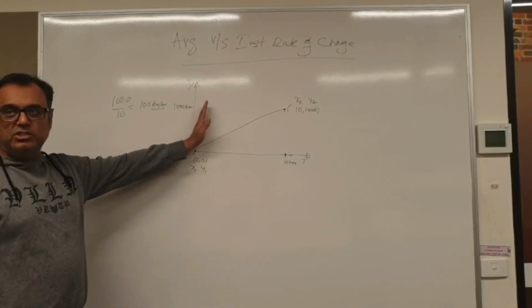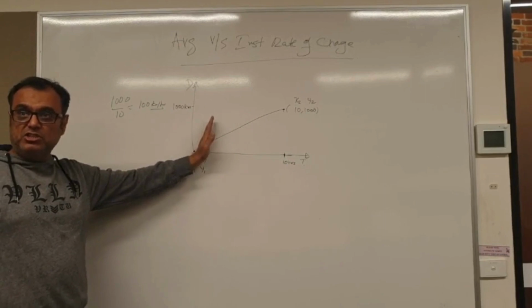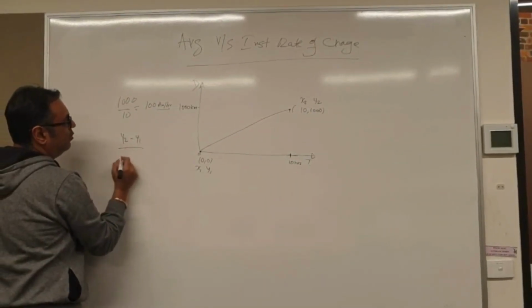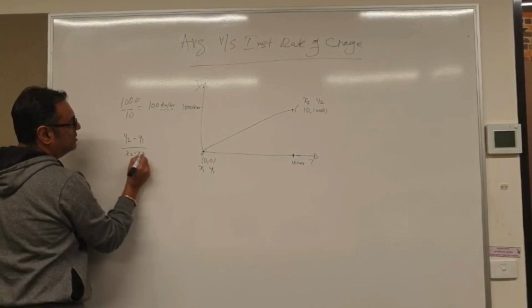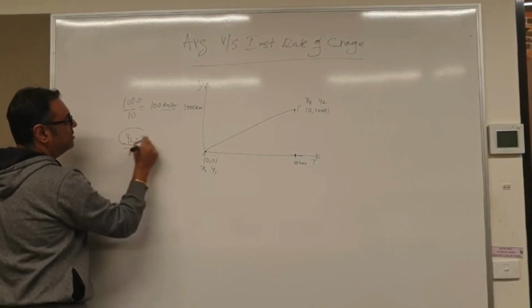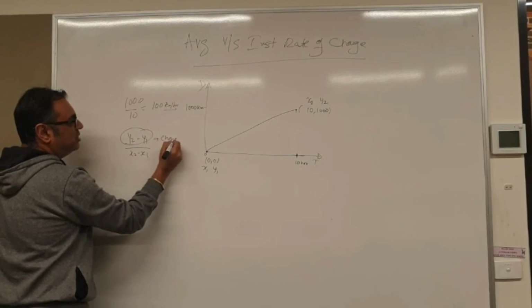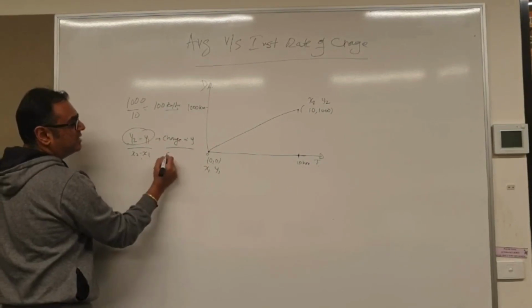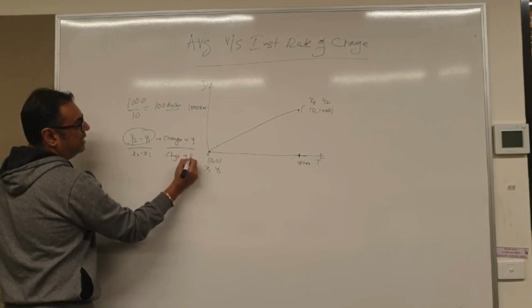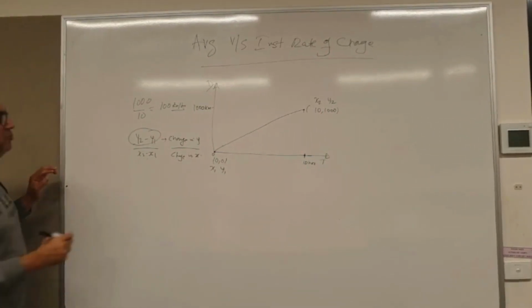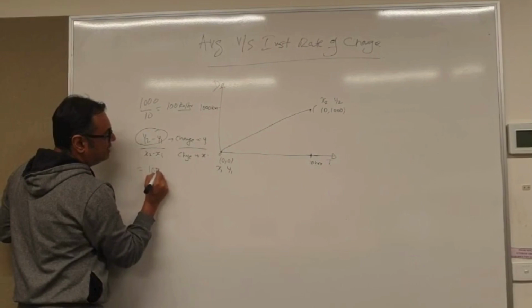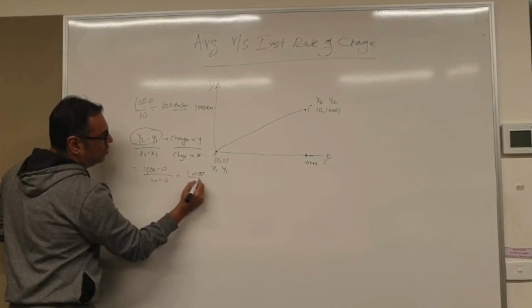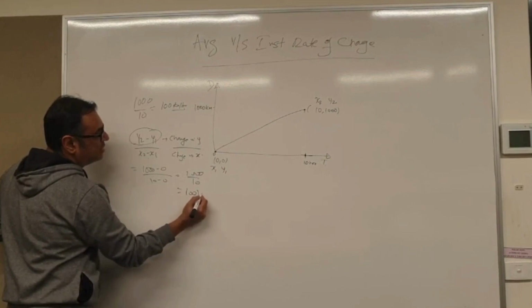Here the rise is the distance, so that means change in the distance, which is y2 minus y1 over x2 minus x1. What is y2 minus y1? Change in y. And what is x2 minus x1? Change in x. So if you plug that in, you get the same answer. 1,000 minus 0 over 10 minus 0, 1,000 over 10, which is 100 kilometers an hour.